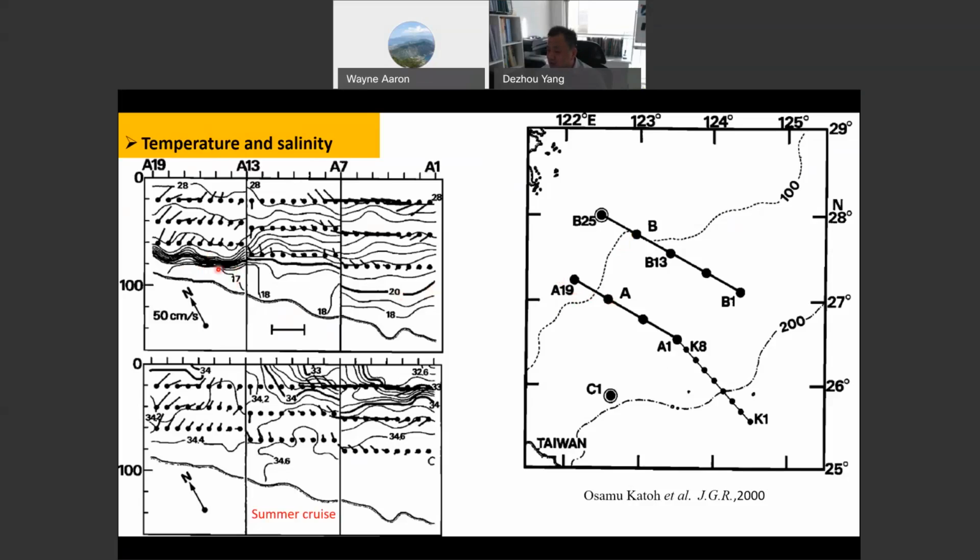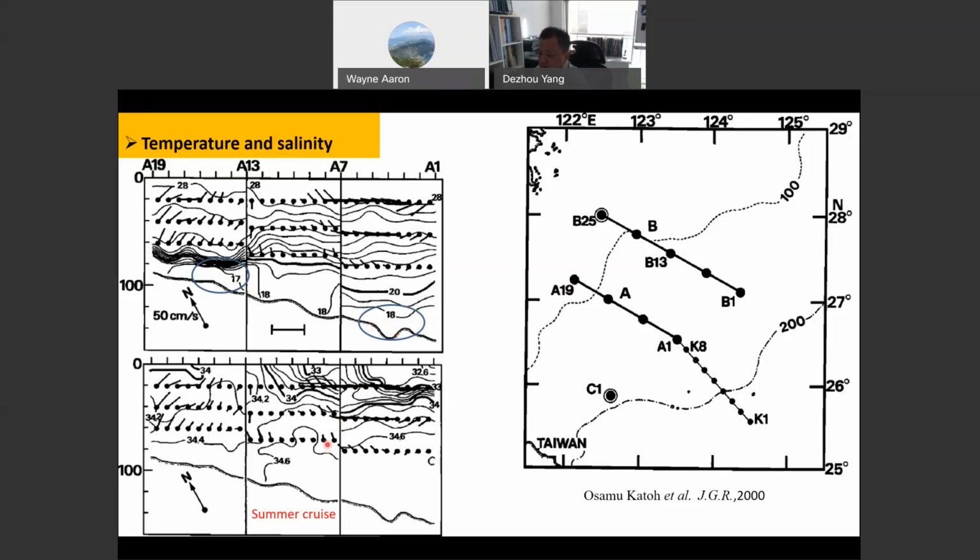In the bottom water, the temperature at the nearshore station is 17 degrees Celsius. It is 1 degree colder than that at the offshore station, but the water depth here is 30 meters shallower than this one.